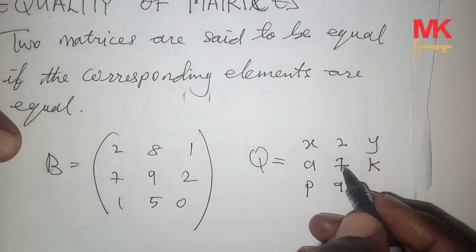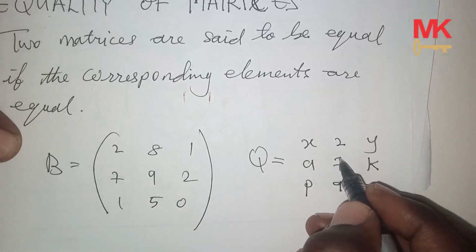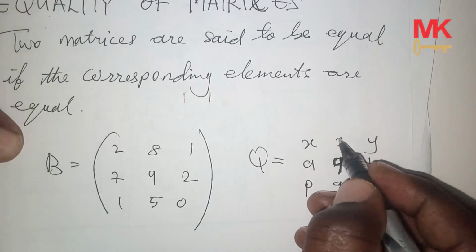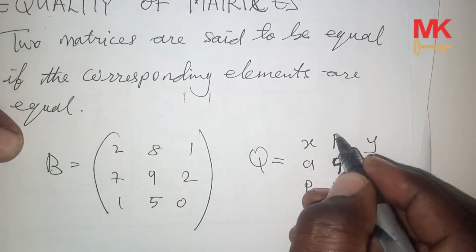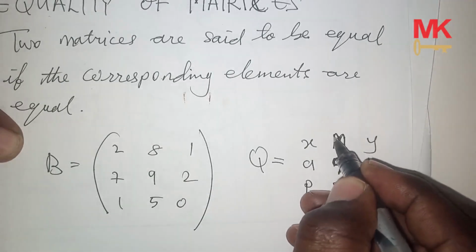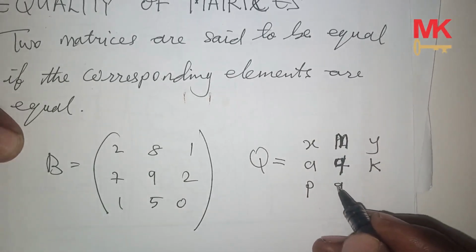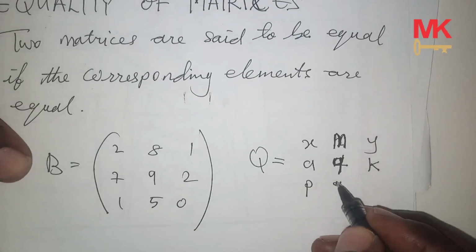Okay, 9 already, so here has to be 9. 9 here has to be 8. Let's say I have M here. Okay, M, we have 5 already.